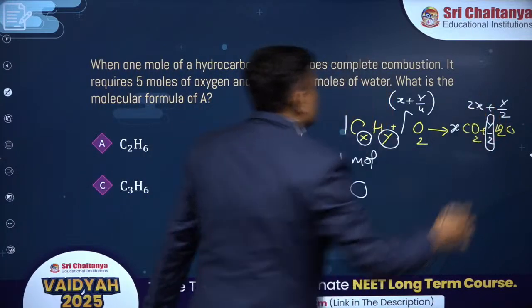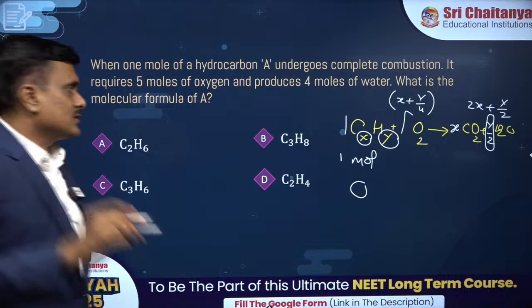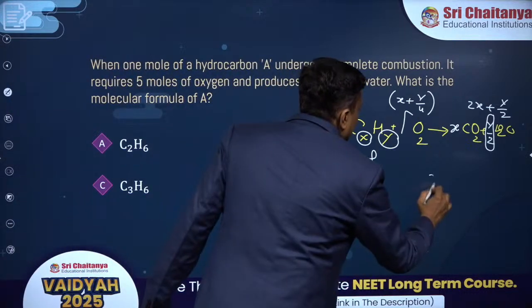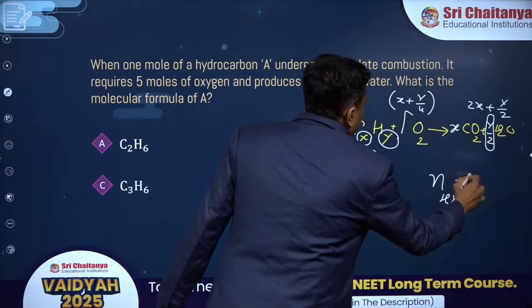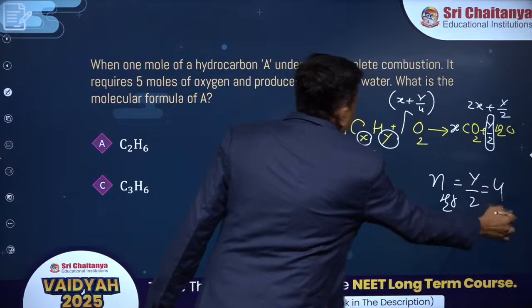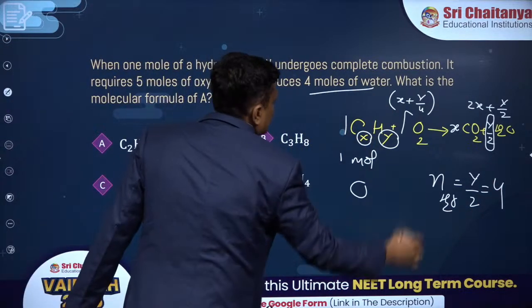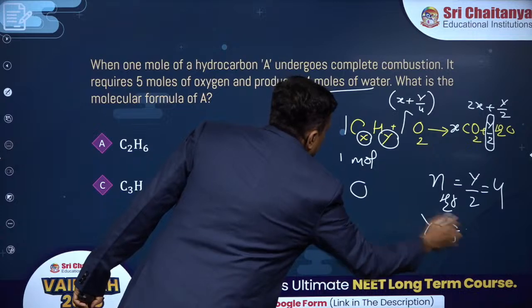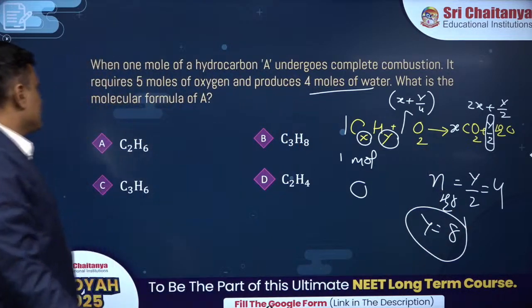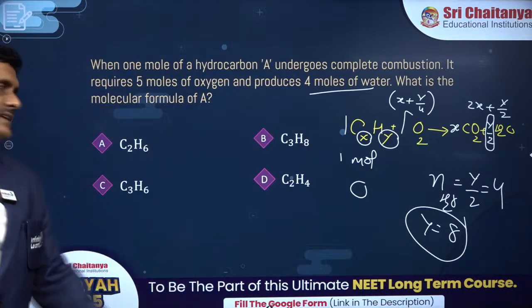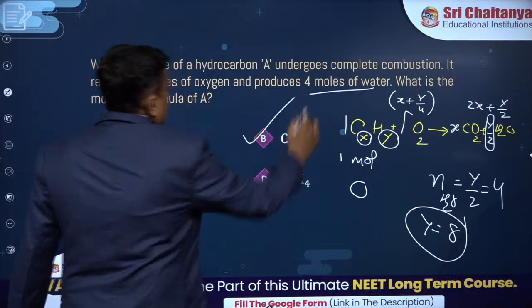You can see the ratio. 1 mole gives rise to y by 2. So the number of moles of water formed is y by 2, which is given to us in the question as 4. Can you see that? 4 moles of water is obtained. Therefore, you got the value of y as 8. You can see the only option which is tallying with this is C3H8.